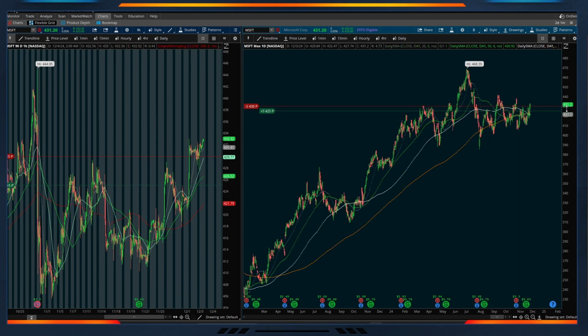There's a couple different ways we can play Microsoft for a bullish directional move. We can obviously buy the stock, we can buy calls, or we can sell a credit spread, which is what I did.